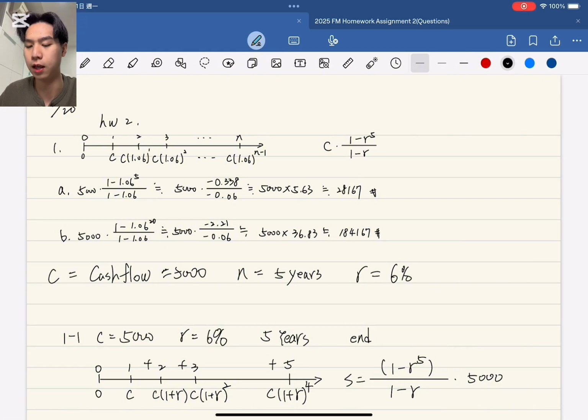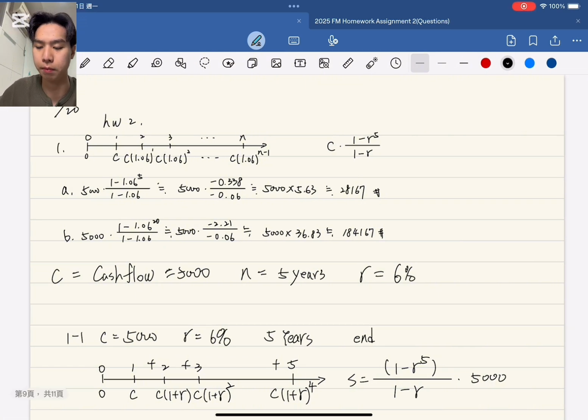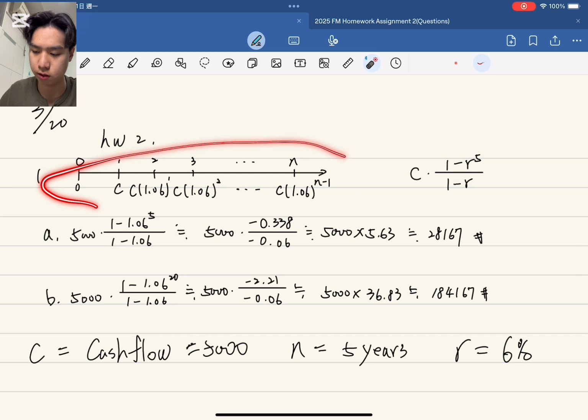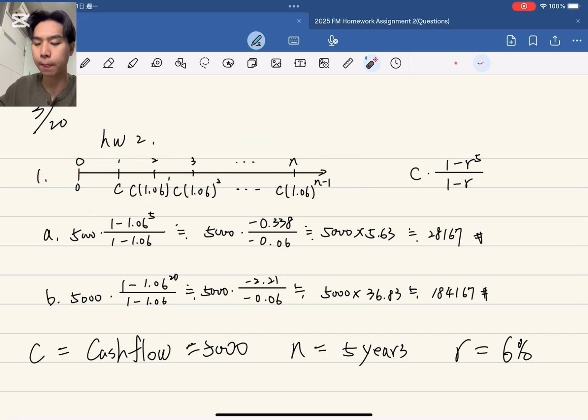And at the last day of the year, so we can make this number line. In the beginning, we don't have money because we receive the money on the 365th day. On that day, we can get the first cash flow. The first cash flow is 5,000.